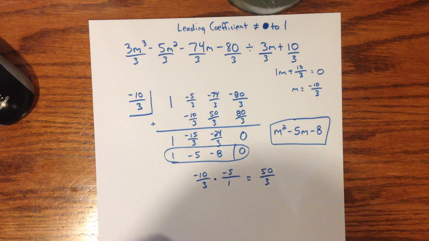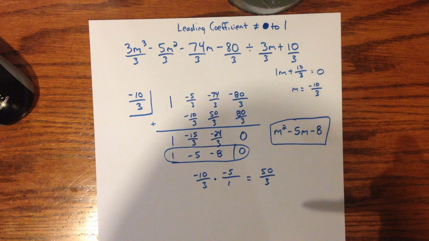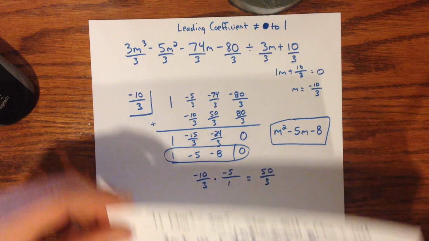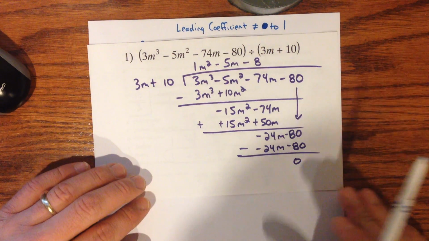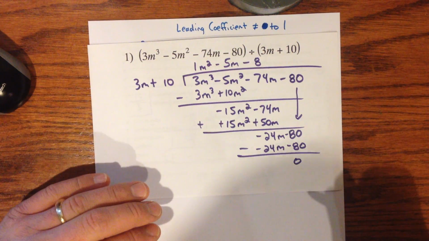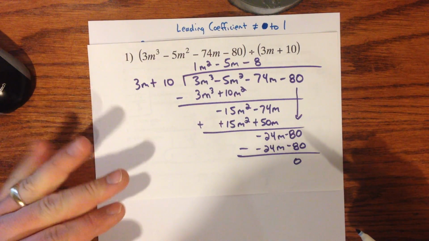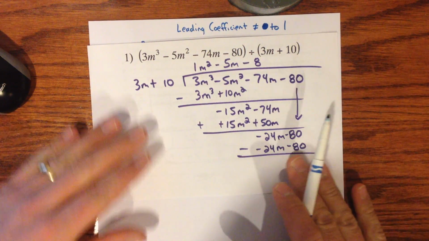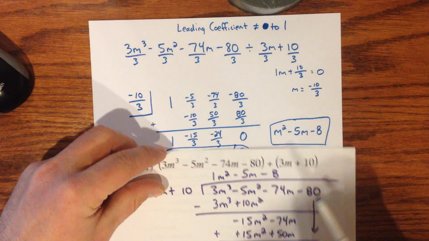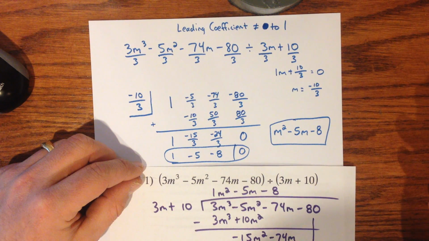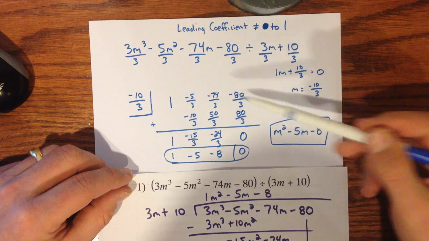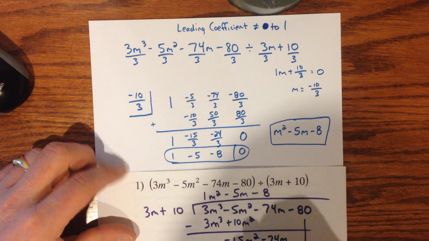You may be thinking, why would we deal with all those fractions and do this through synthetic division when this is the exact same problem? We could just go right back to long division. If you like long division, you get the exact same answer. So if you don't mind dealing with fractions, this really isn't that bad.